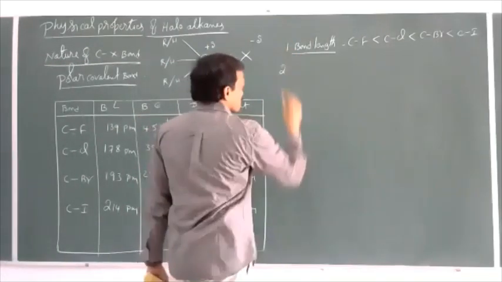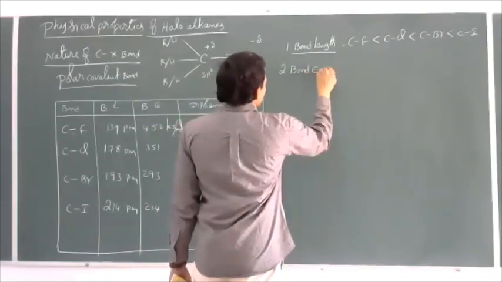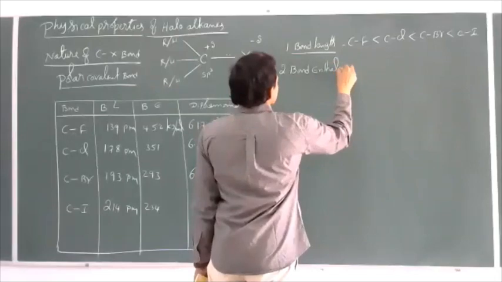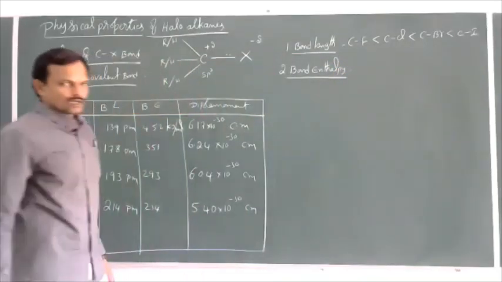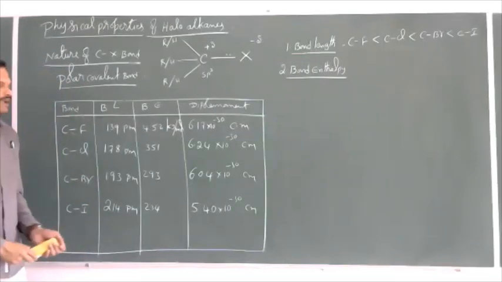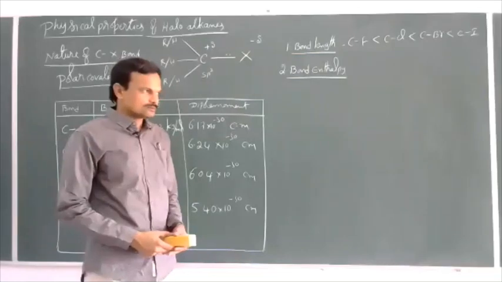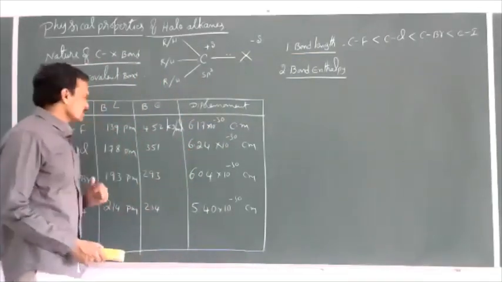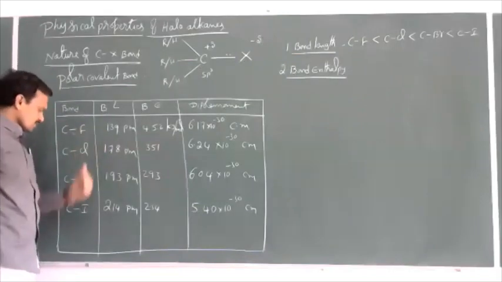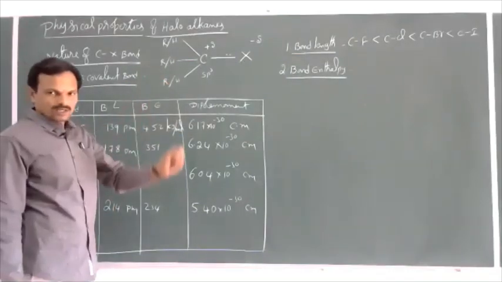And the second one, bond enthalpy. As you know, bond enthalpy is inversely proportional to bond length. As the bond length increases, bond enthalpy decreases. Since from C-F to C-I bond length increases, bond enthalpy gradually decreases.